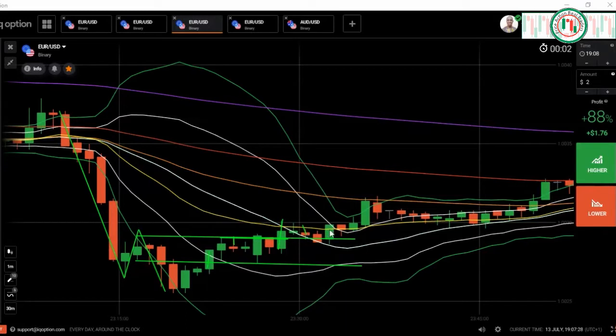You see breakout, after breakout you place a put option. Close at the level, put option. Close again, put option. If the market touches here, you place a put option, because you have a strong downtrend. If the market creates a strong downtrend and you see retracement, immediately you see engulfing.